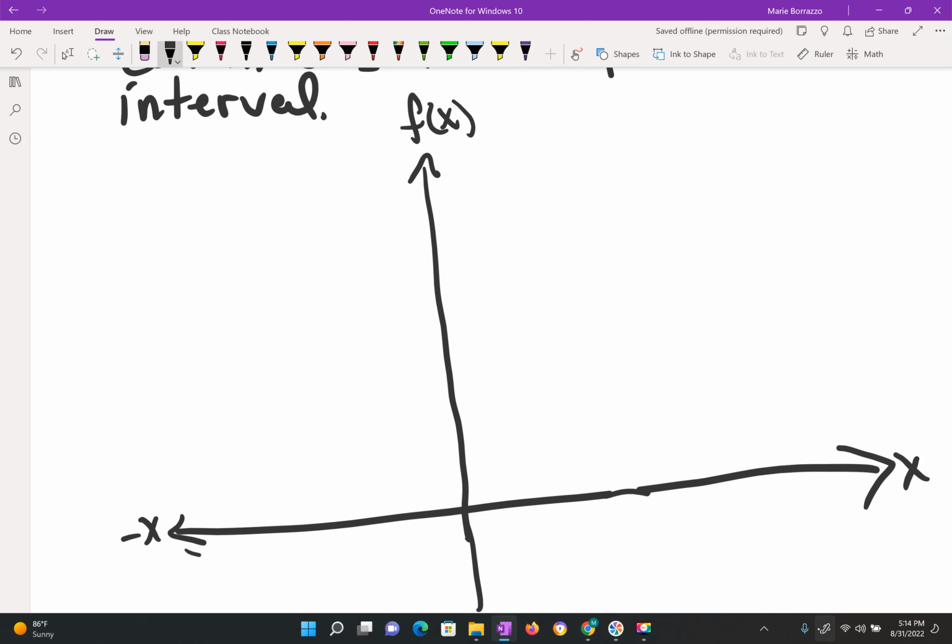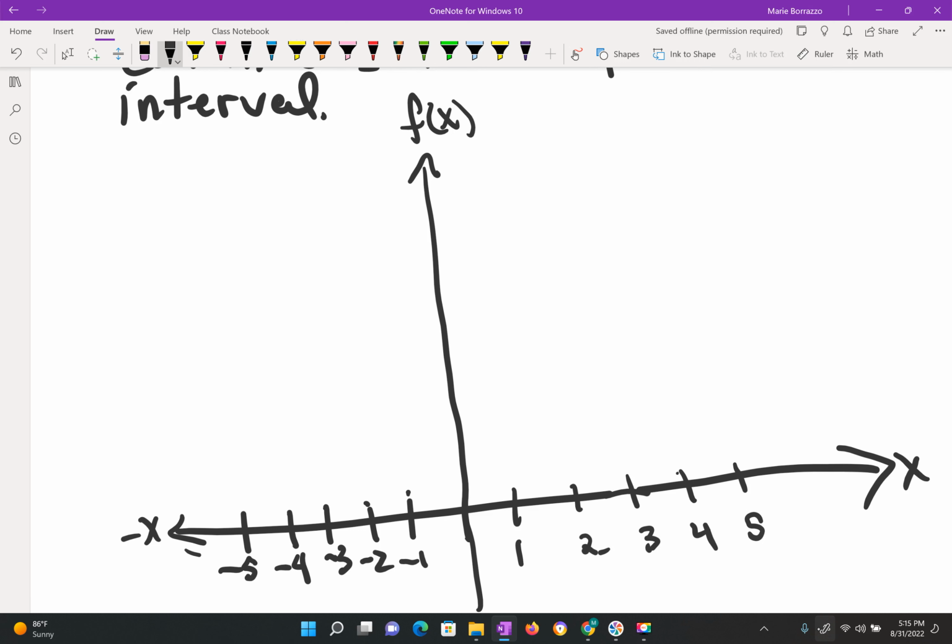Let me use the book in this case. Okay. So at -4, 2. So 1, 2, 3, 4, 5. This is -5, -4, -3, -2, -1. On the right hand side, same thing. We're going to count 1, 2, 3, 4, 5. And going back up, we're also going to have 5.